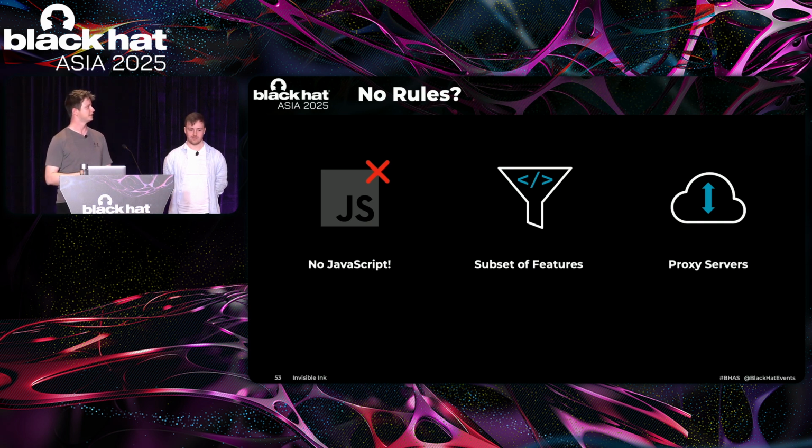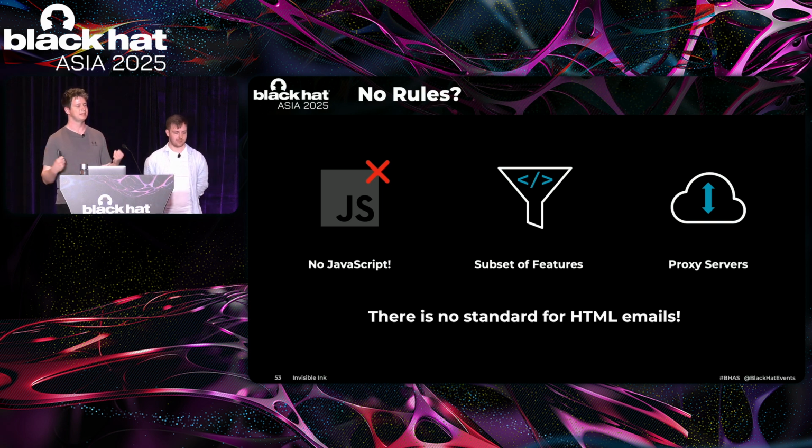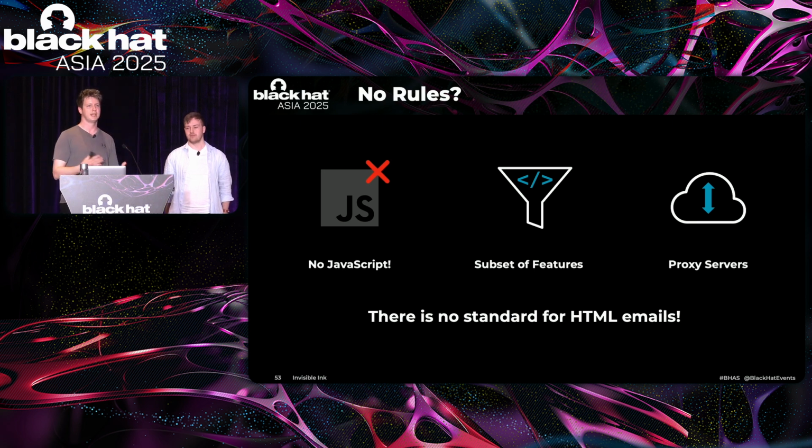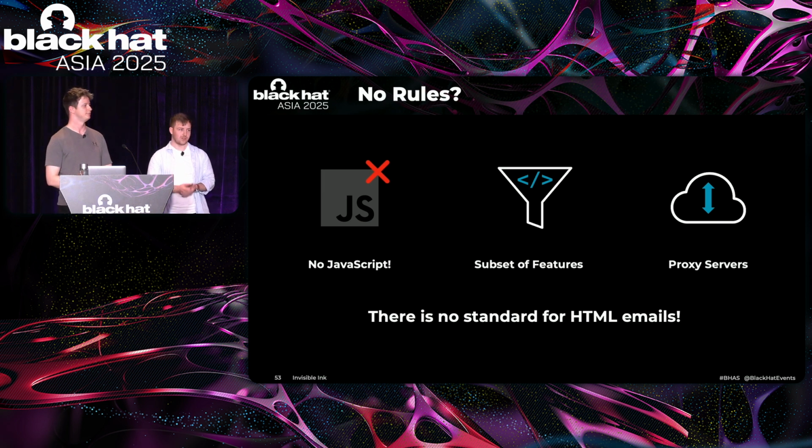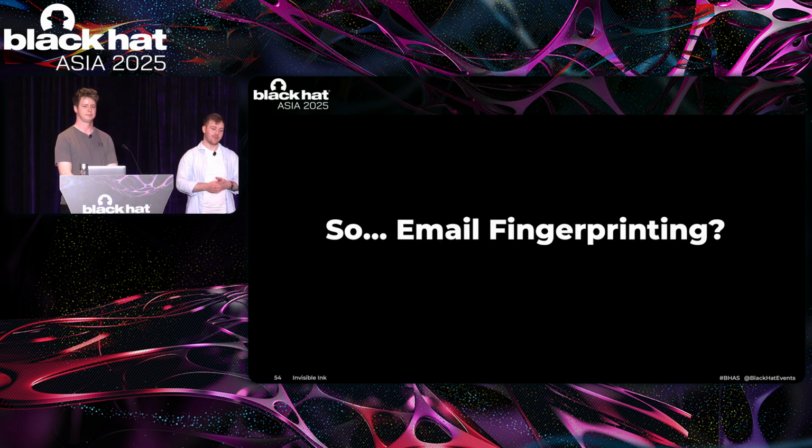But the interesting thing is that's not a general answer, because there is no standard dictating how an HTML mail should look, which features should be supported, and which should not be supported. So in theory, every vendor can do more or less their own thing. So then what about email fingerprinting?